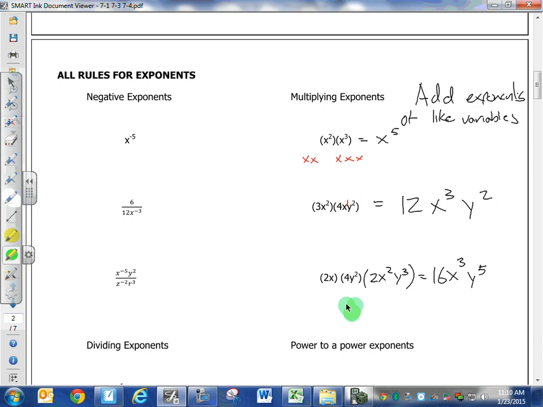Nope, because it's y. Y. 1, 2, 3, 4, 5 y's being multiplied together. That's y to the 5th. Okay? You add your exponents when you are multiplying terms of like variables.